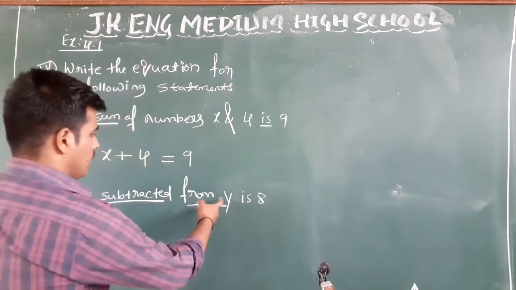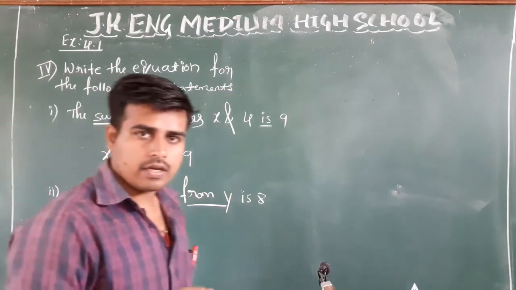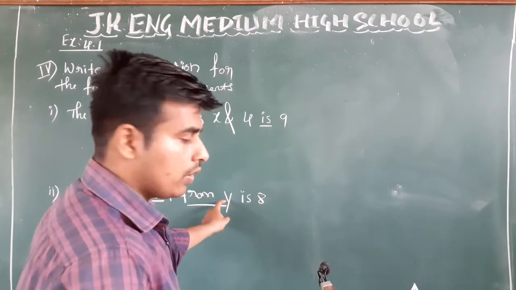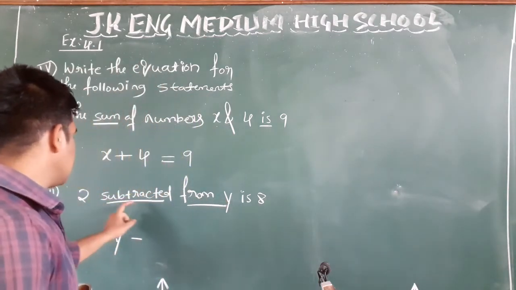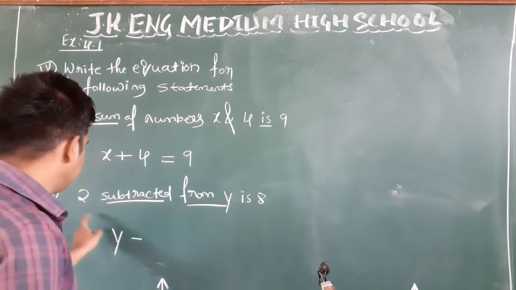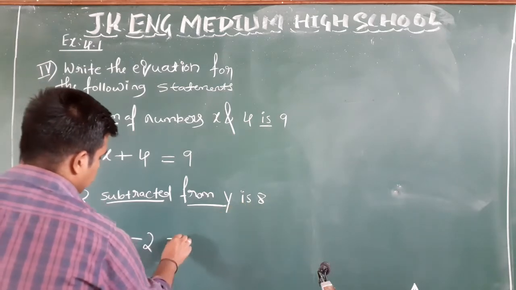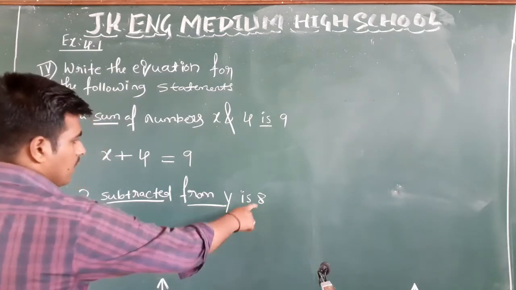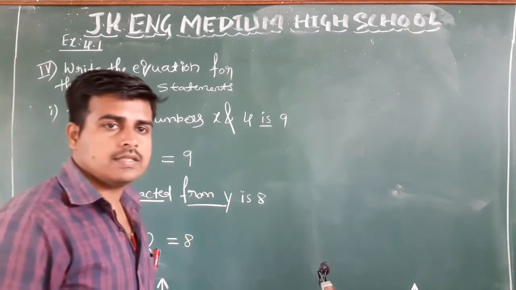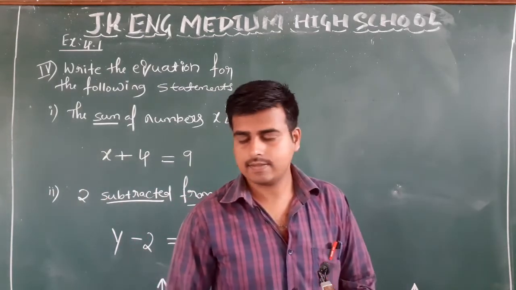From y means y will come first and this will go second. Always remember, whenever from is attached to some letter or number, it will come first. 2 subtracted from y. Is means what? Equal. Is means equal. How much? 8. Very easy. These are the very easiest problems or very simple problems in this exercise.